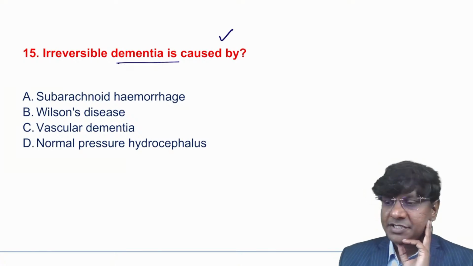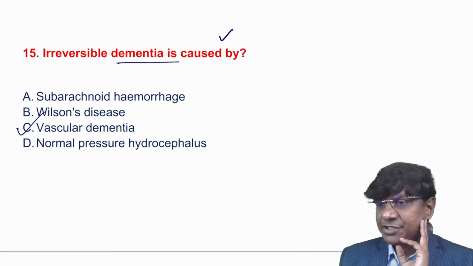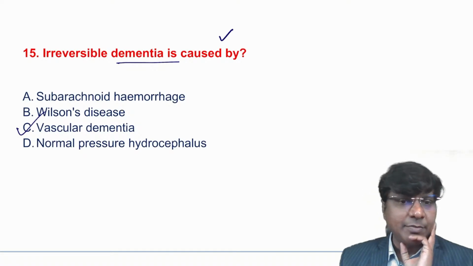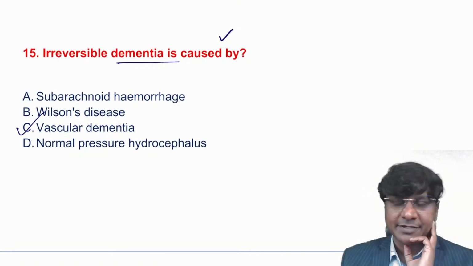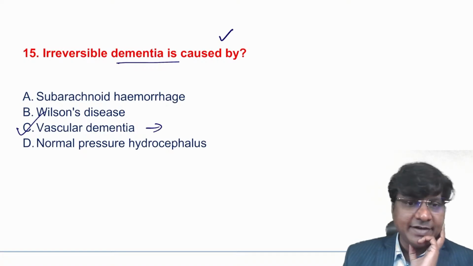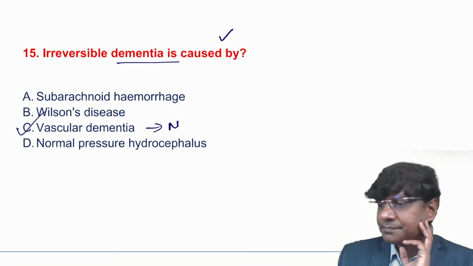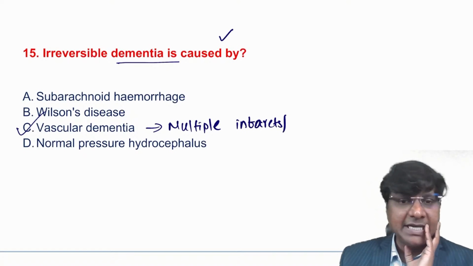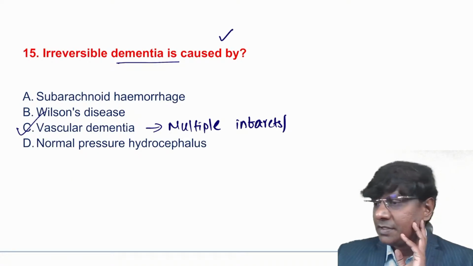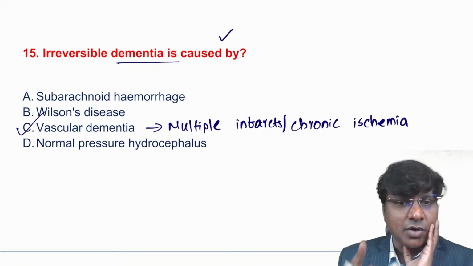Right, very good, Anvesha Panda. So that is vascular dementia. Vascular dementia is a form of irreversible dementia. Basically what happens in vascular dementia is there will be multiple infarcts or chronic ischemia.